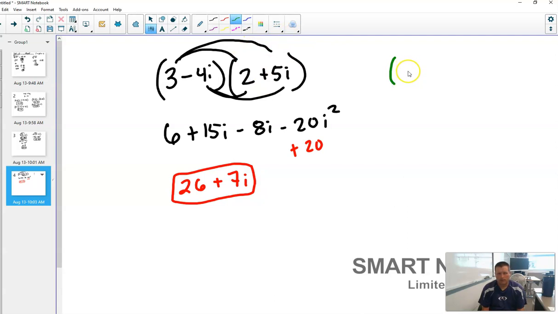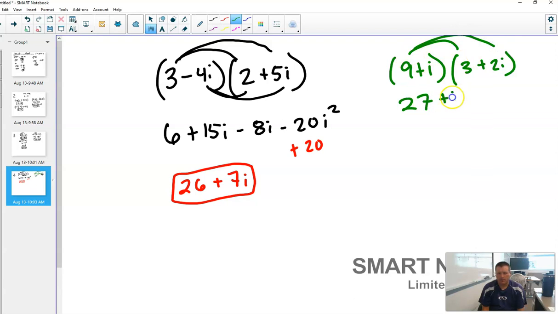Let's do one more of those. So let's say we've got 9 plus i and 3 plus 2i. So I'm just going to distribute the 9 through first, which will give me 27 plus 18i, and then the i's, which will give me plus 3i plus 2i squared.